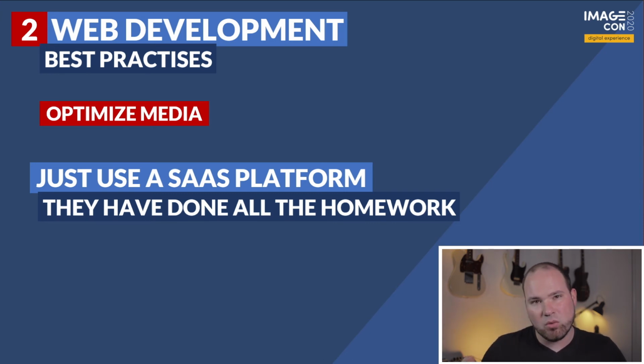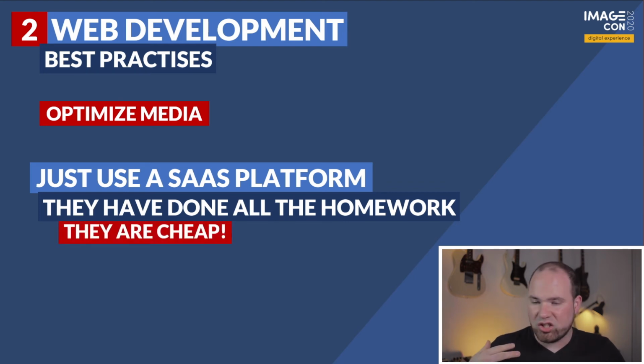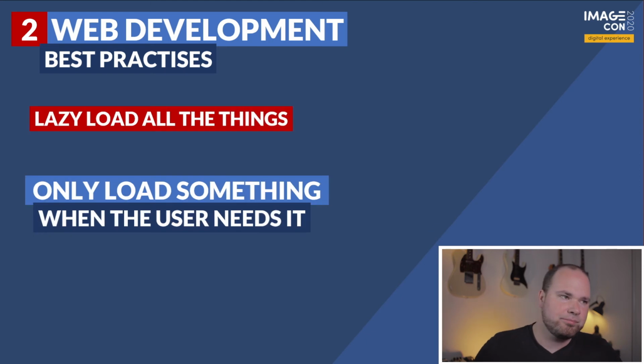It's their business model to manage media for you. So it might not always be a digital asset manager like a DAM, even though some have it, but it's more about the delivery, and that's one of the hardest bits. So they are cheap. Just use them and get such a big improvement in your performance.